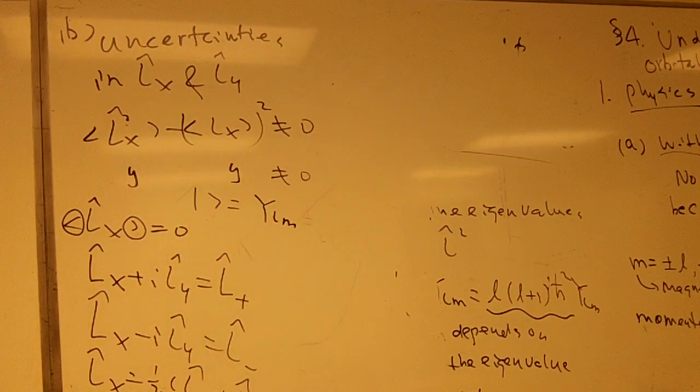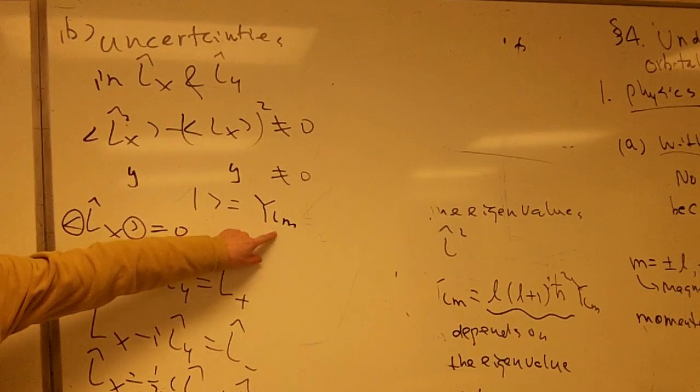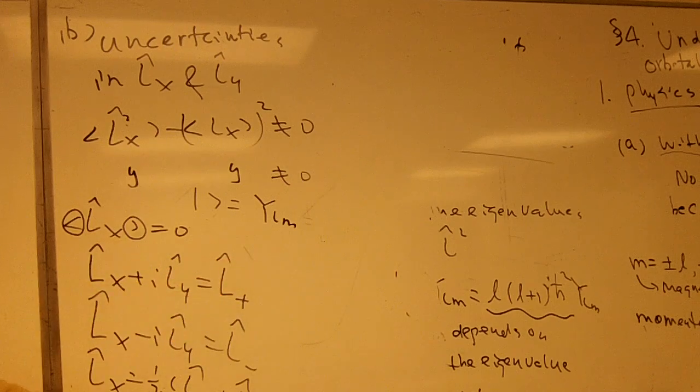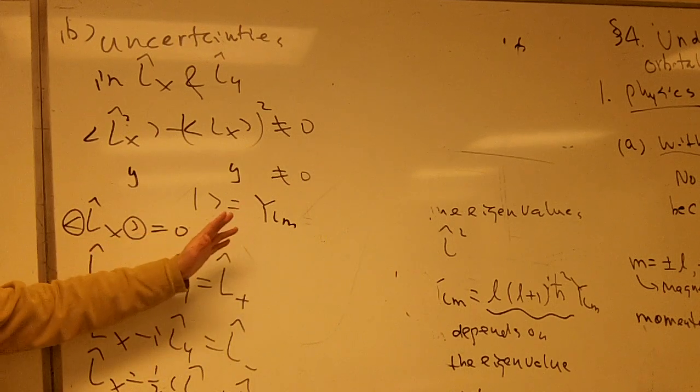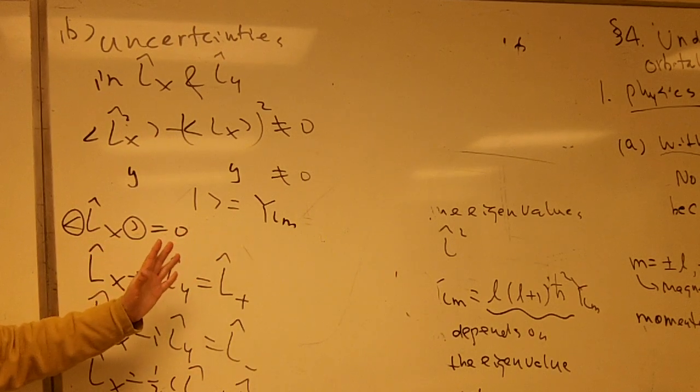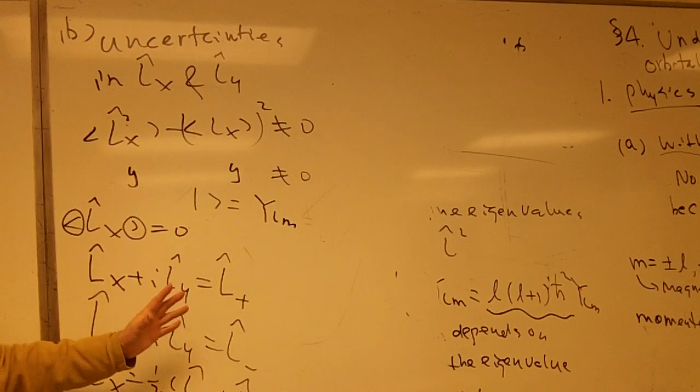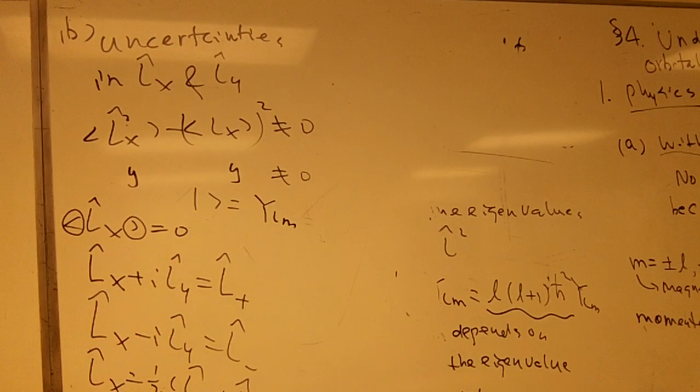Now you see, the raising and lowering operators change the indices, but the left-hand side does not change anything. So therefore, the evaluation is going to be 0. I skipped this step quickly. I hope you guys follow me.